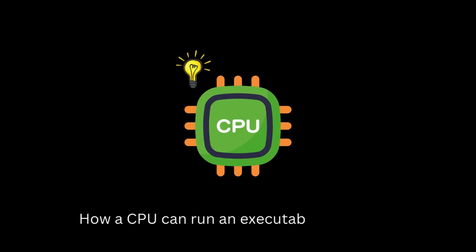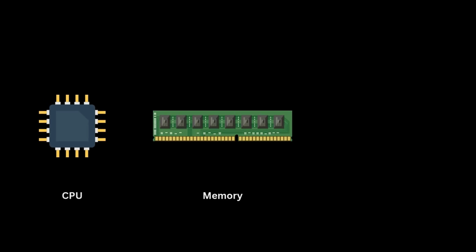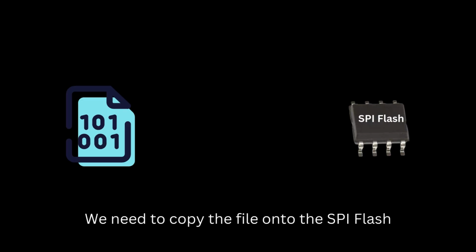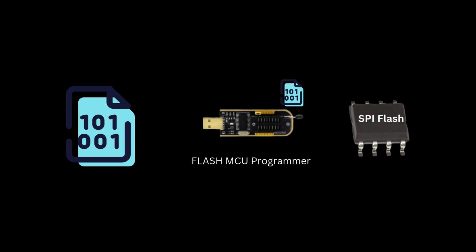Let's think about how a CPU can run an executable binary file. To keep it simple, imagine we only have 3 components: a CPU, memory, and an SD card for storage. First, we need to copy the file onto the SD card using a Flash MCU programmer.